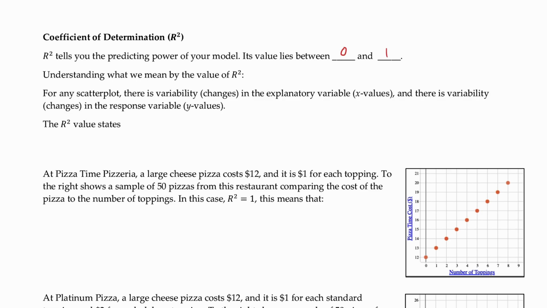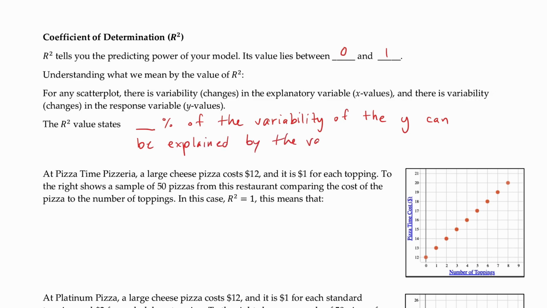So the r squared value states that blank percent of the variability, and variability is just a fancy word for difference in, change in, of the y can be explained by the variability of the x.